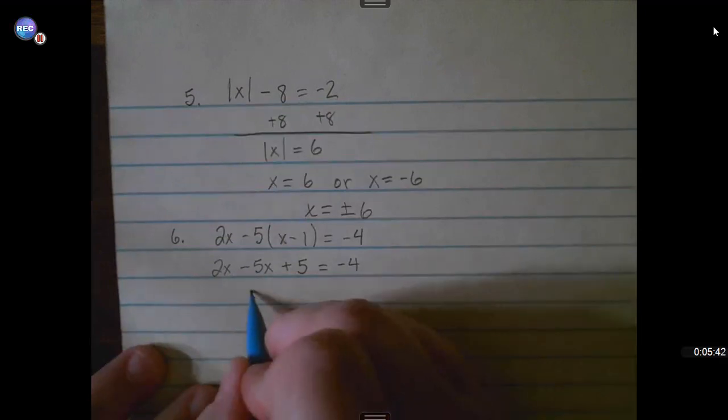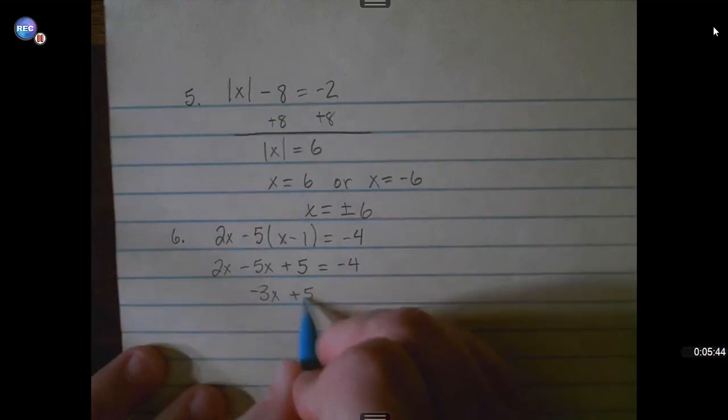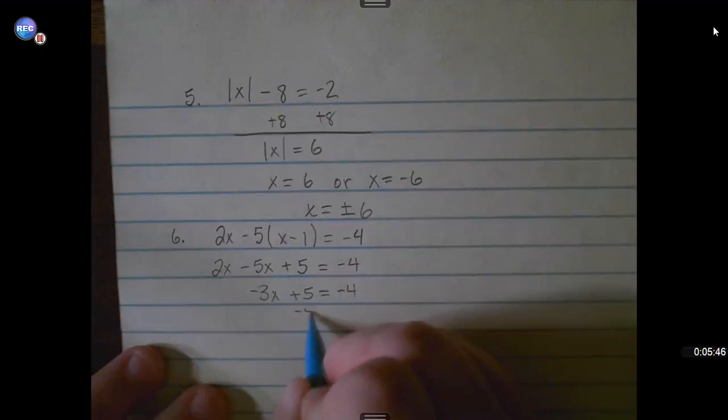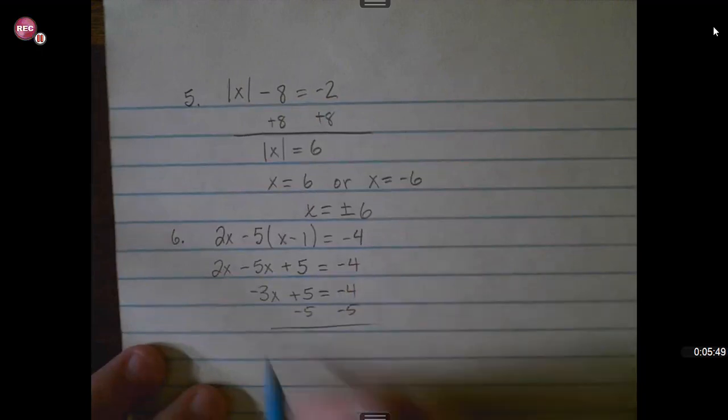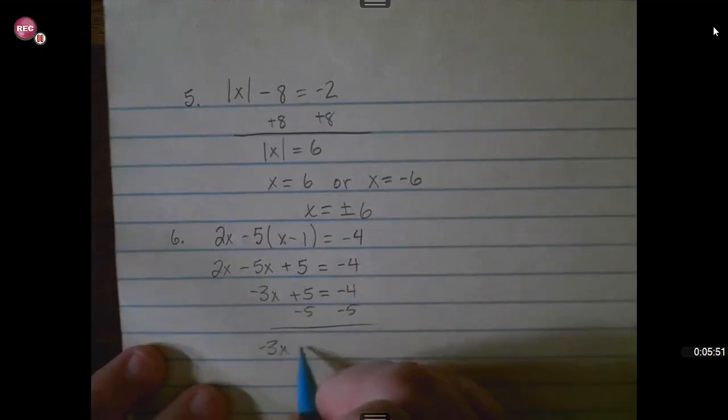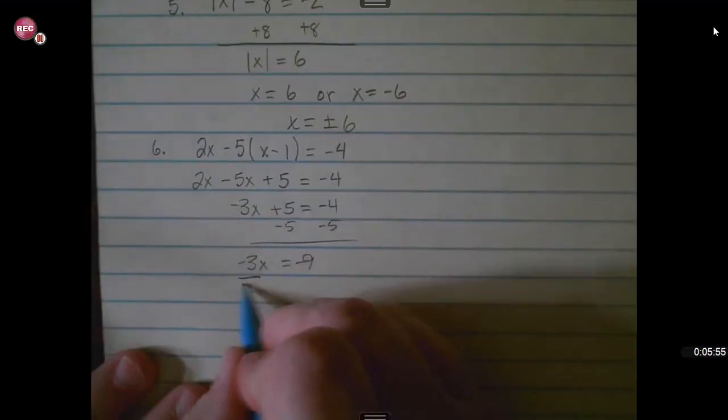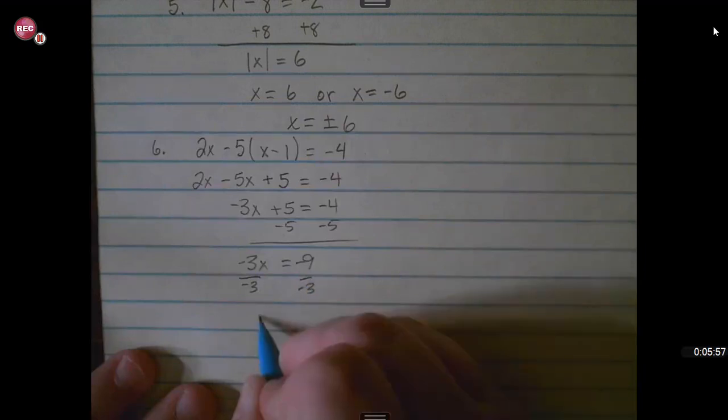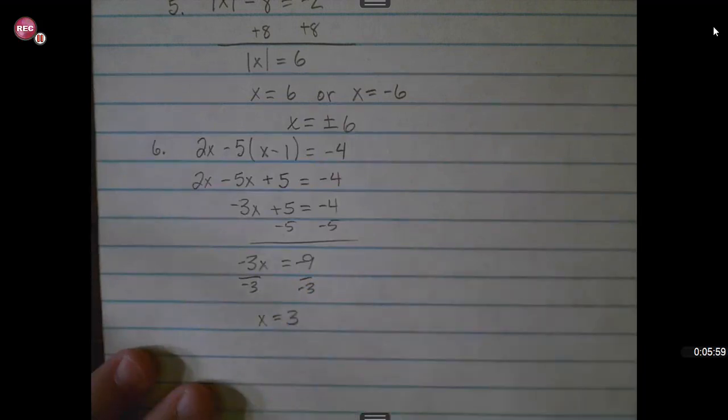And then negative 3x plus 5 equals negative 4. Subtract 5 from both sides. Negative 3x is negative 9. Divide both sides by negative 3. And x is 3.